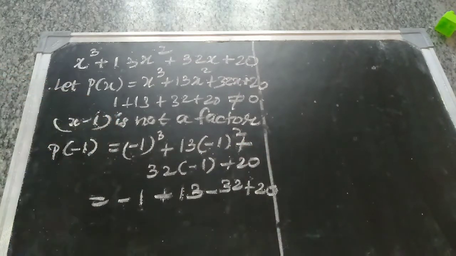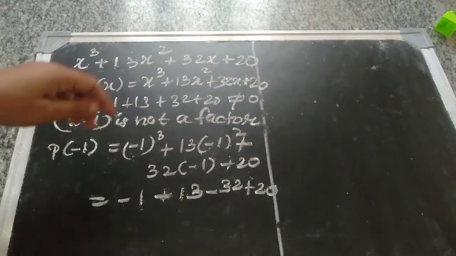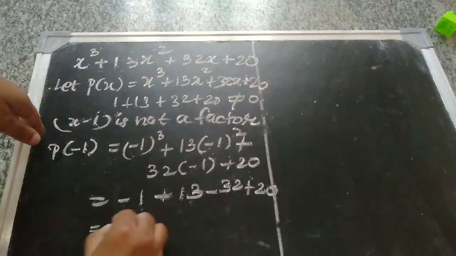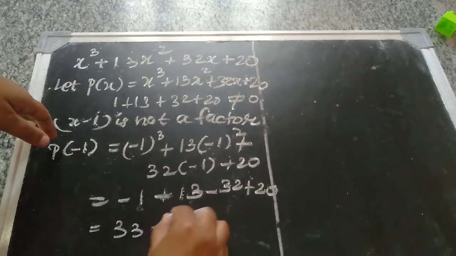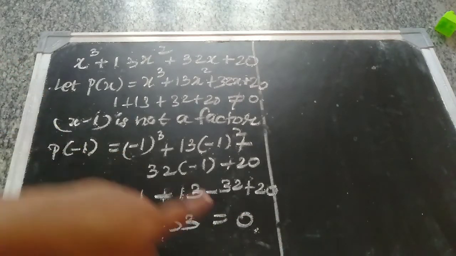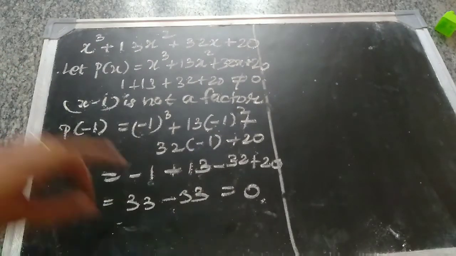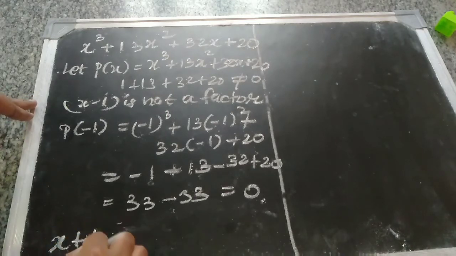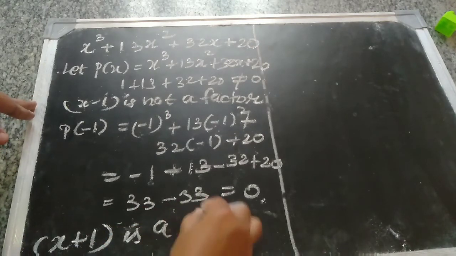Now add the plus signs on one side and the minus signs on the other side. The plus terms: 13 plus 20 is 33. The minus terms: minus 1 minus 32 is minus 33. 33 minus 33 is 0. So p of minus 1 is 0, which means x plus 1 is a factor.